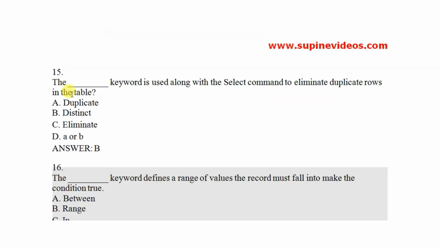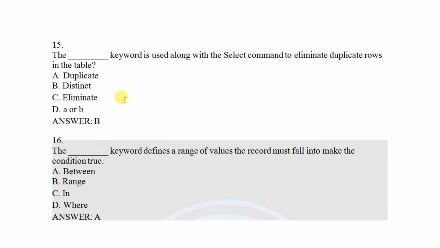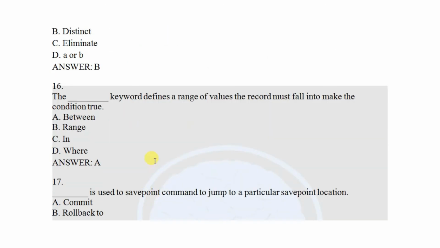Question number 15. The dash keyword is used along with the select command to eliminate duplicate rows in the table. Your answer is option B. Distinct. So, the distinct keyword is used along with the select command to eliminate duplicate rows in the table. Question number 16. The dash keyword defines a range of values the record must fall into make the condition true.